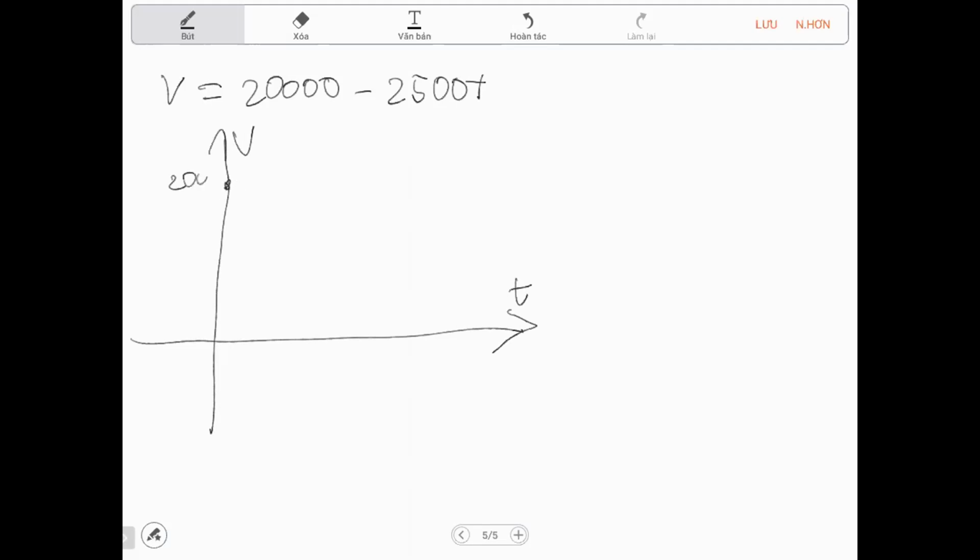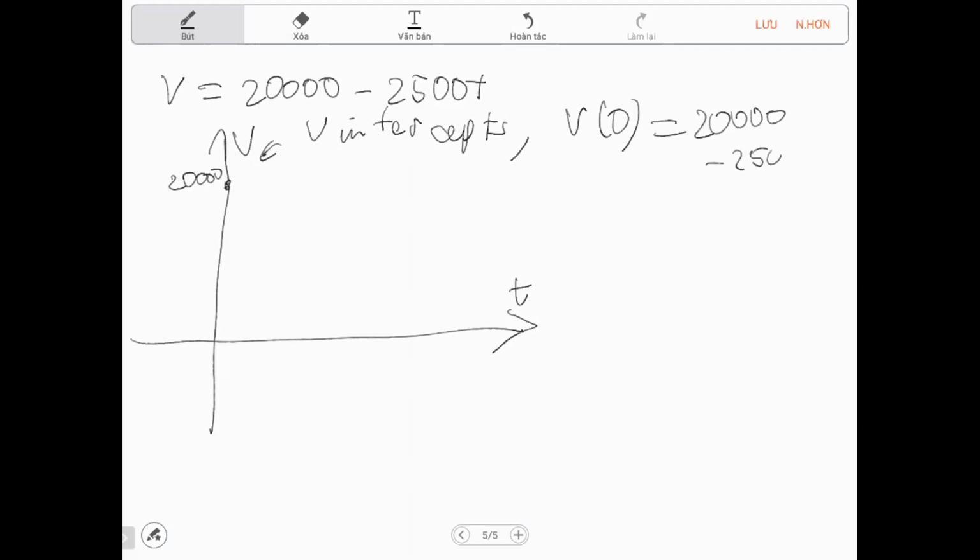So we can call this the V intercept. You can understand this as V of 0, which is 20,000 minus 2,500 times 0, which is 20,000.